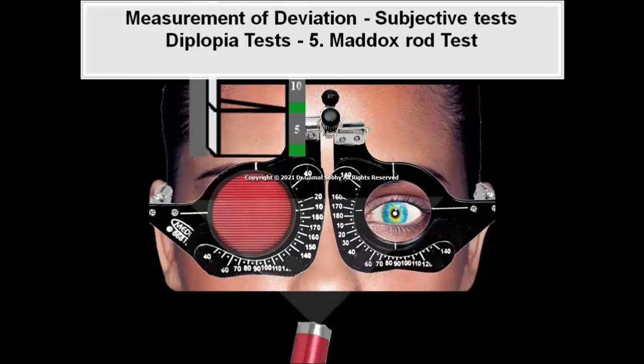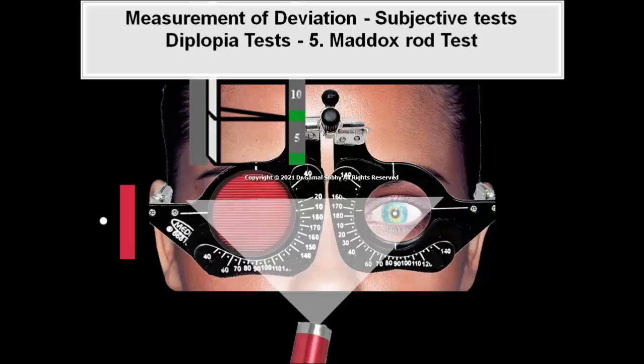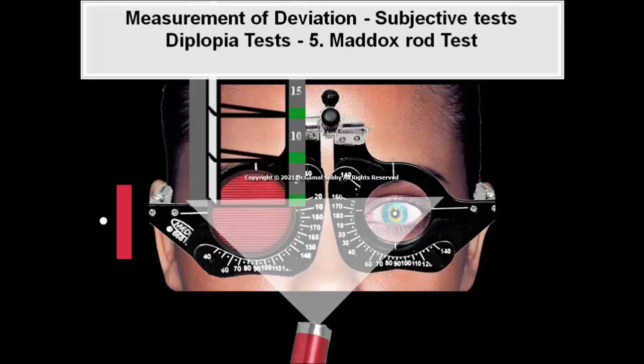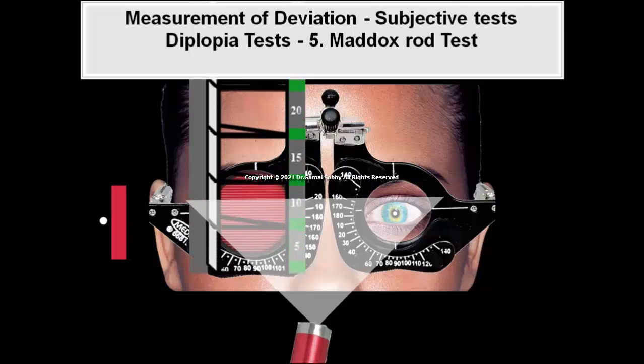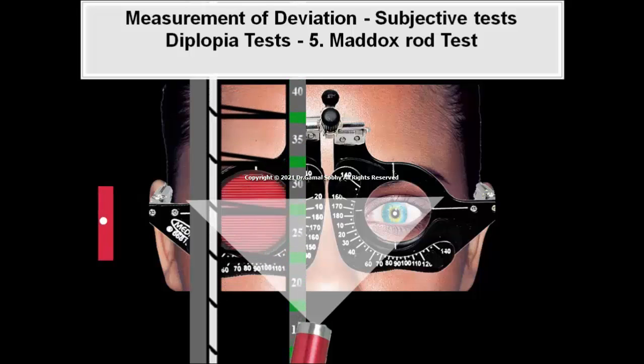This device, consisting of glass rods, produces a vertical or horizontal streak to measure the horizontal and vertical deviation. If the streak does not go through the fixation light, prisms of increasing strength are placed in front of the eye until the streak goes through the fixation light. The amount of prism power required to achieve this goal is a measure of the heterophoria.